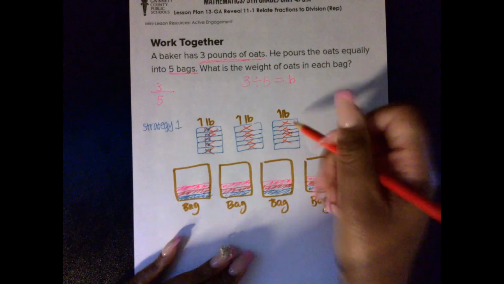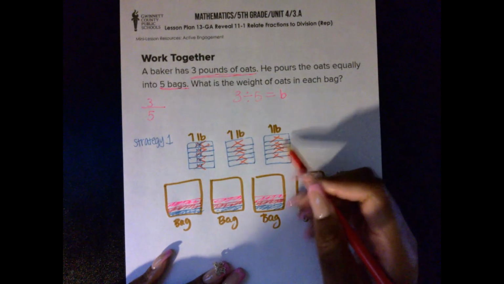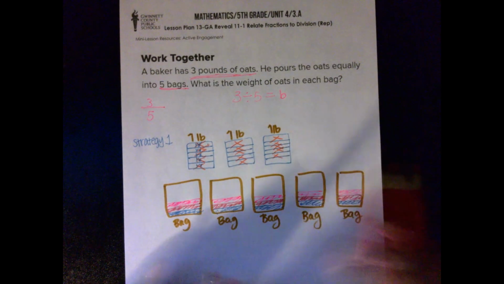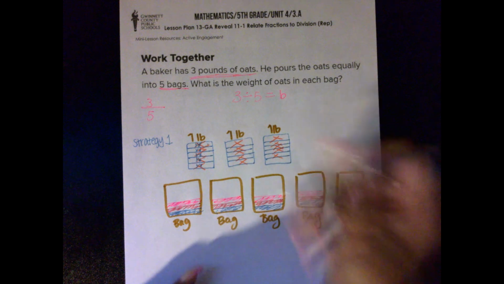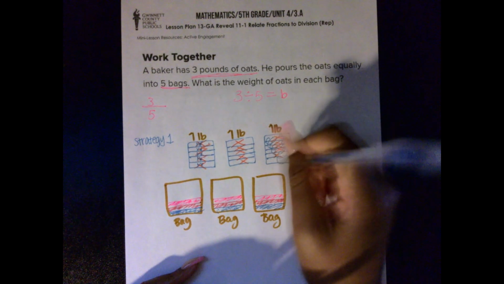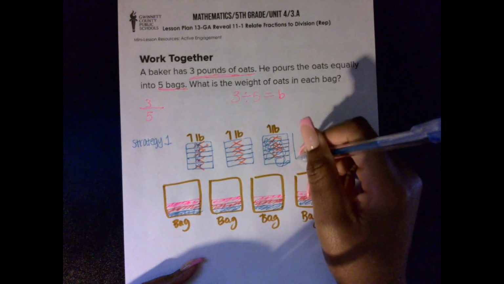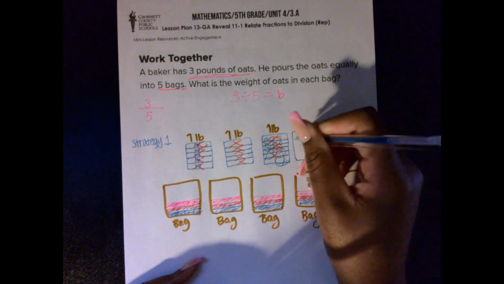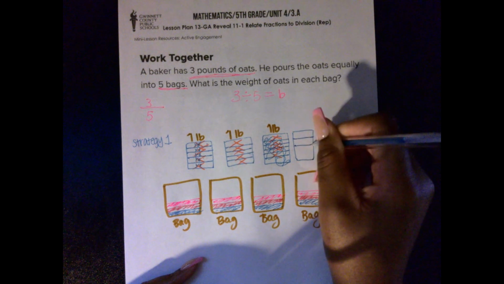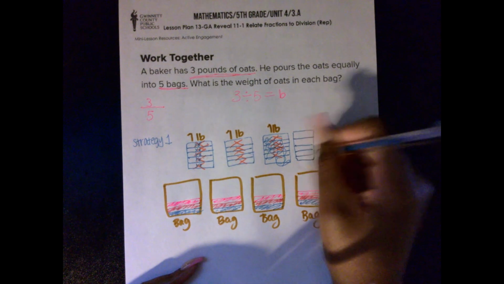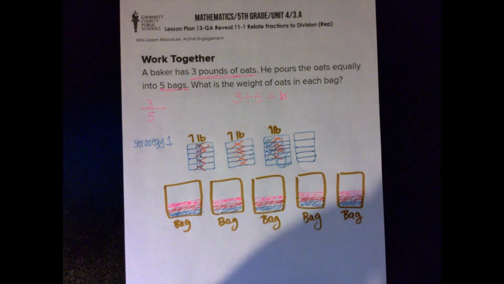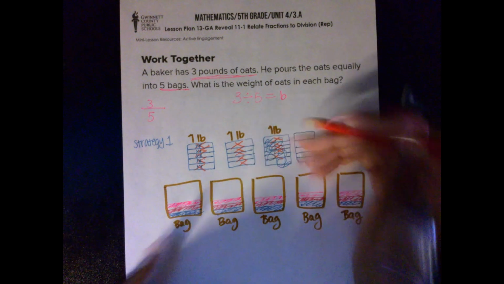And I messed this one up. This one has 1, 2, 3, 4, 5, 6. Oop. We're going to act like we don't see that one. We're going to pretend like that one was the one there from the beginning.